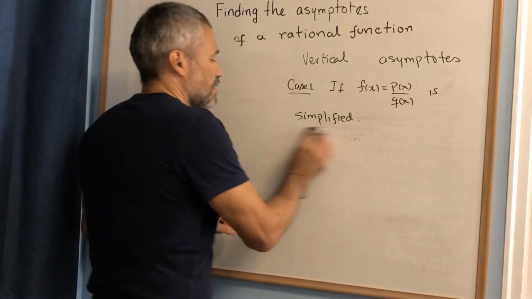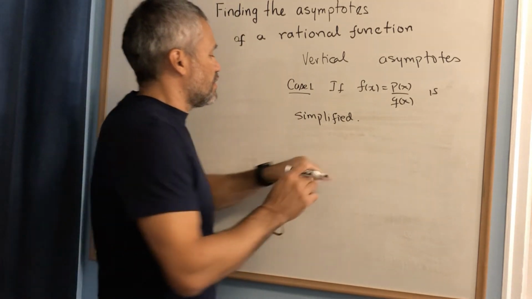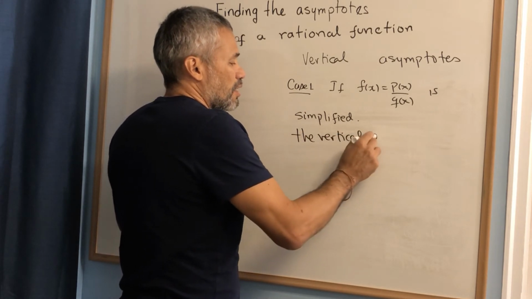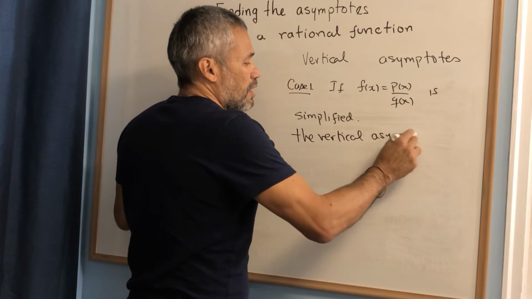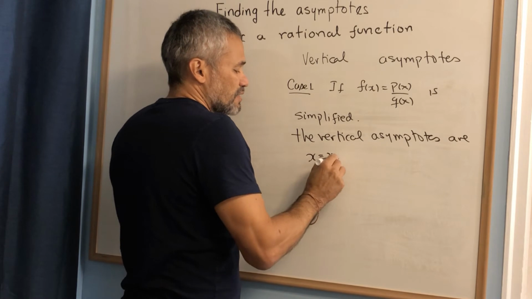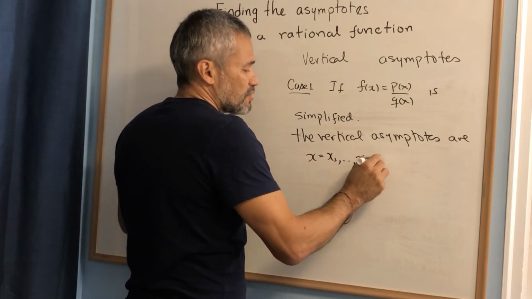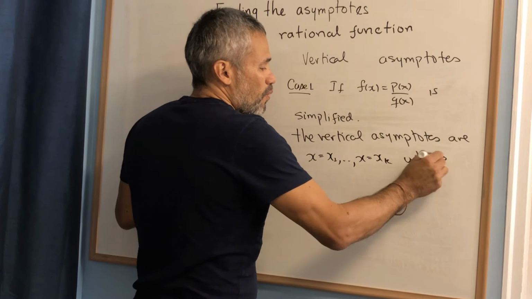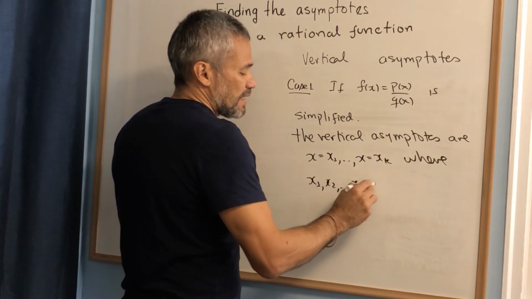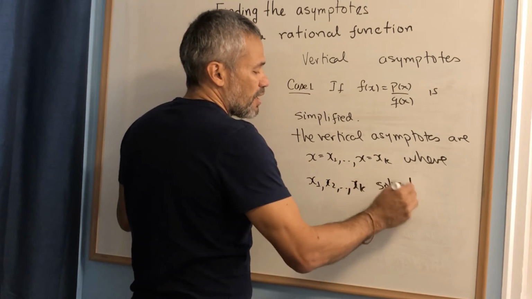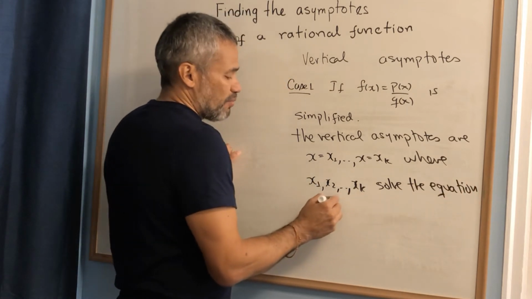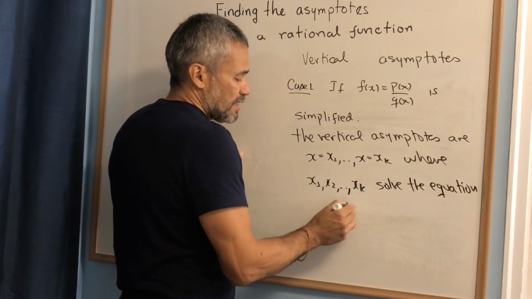Then the vertical asymptotes are x equals x1, up to x equals xk, where x1, x2, up to xk solve the equation for the denominator equals 0, q of x equals 0.